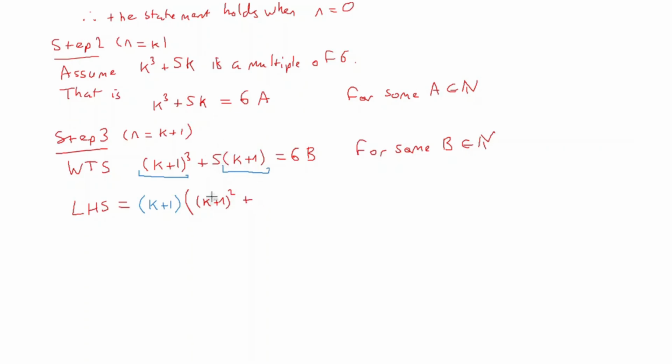And for 5 lots of k plus 1, we need to multiply the k plus 1 that we have by 5. Now, inside that second bracket, we now have something which is much easier to expand. K plus 1 all squared is k plus 1 times k plus 1, which is k squared plus 2k plus 1. But then we have this plus 5 at the end, so that is plus 6.